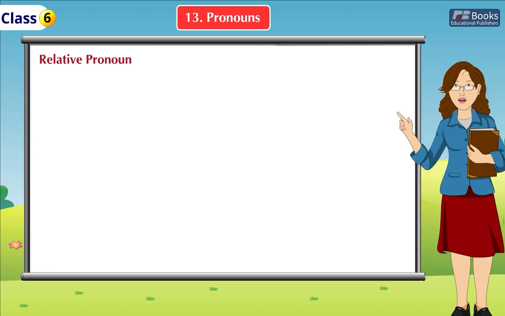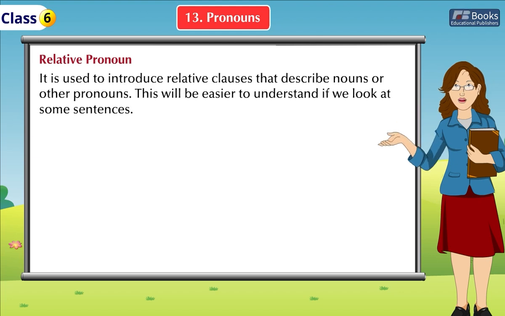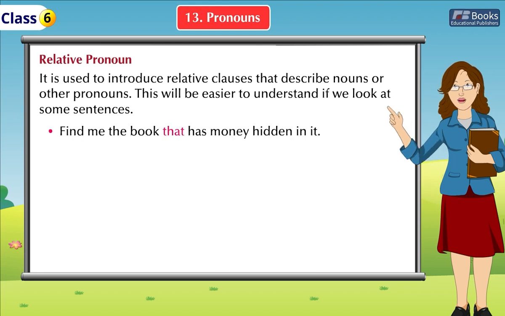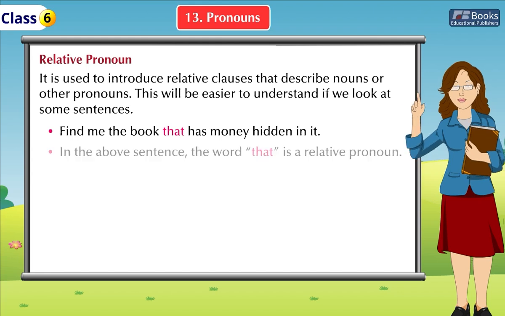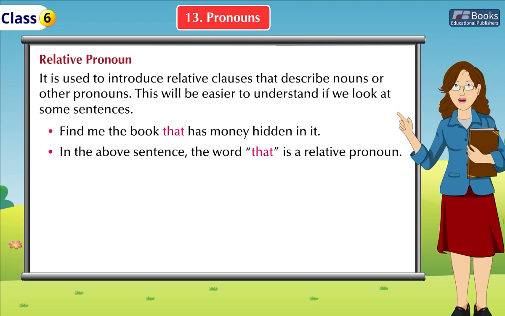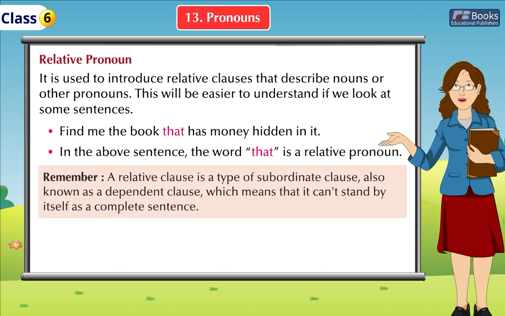Relative pronoun. It is used to introduce relative clauses that describe nouns or other pronouns. This will be easier to understand if we look at some sentences. "Find me the book that has money hidden in it." In the above sentence, the word "that" is a relative pronoun.